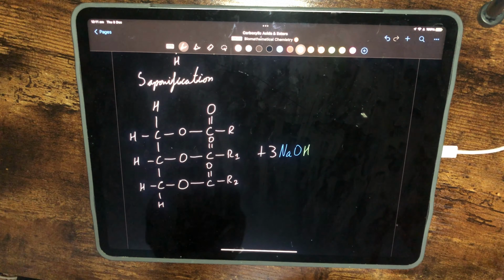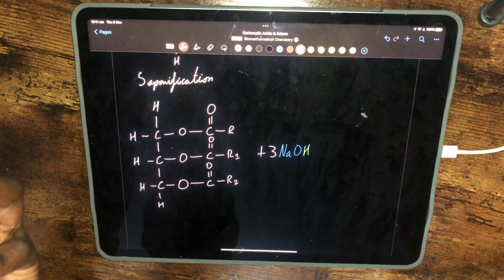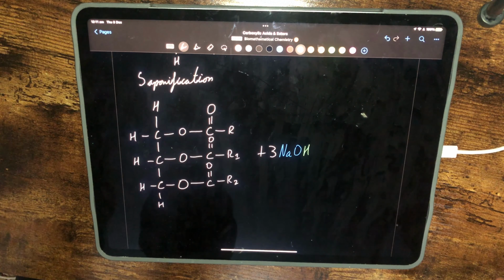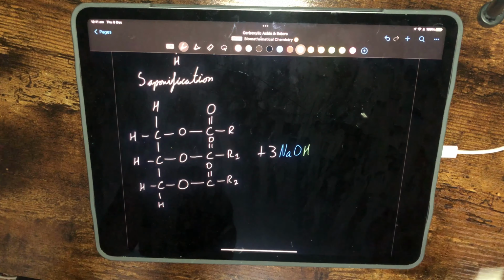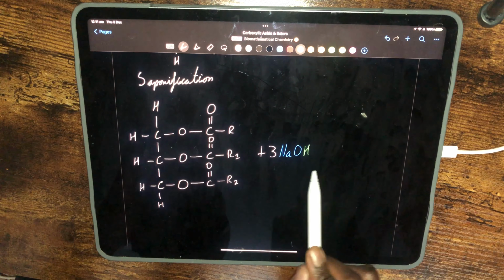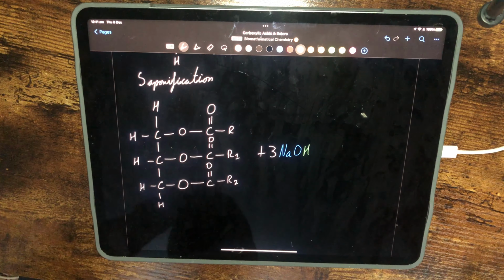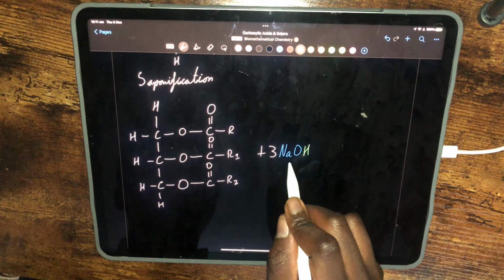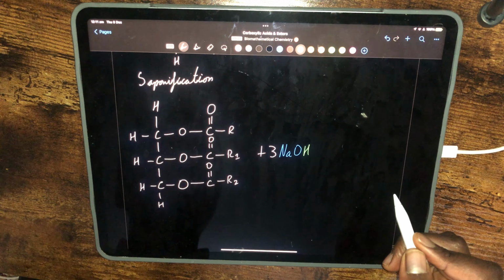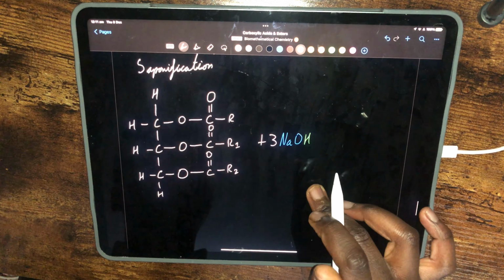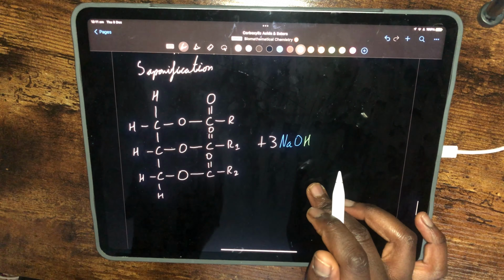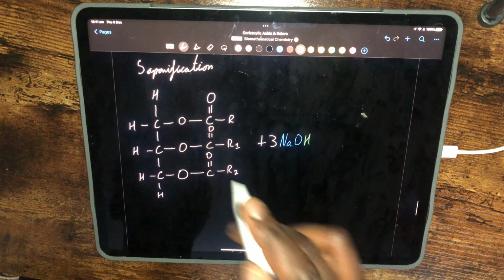I know in biology you're generally taught that water is used for the hydrolysis reaction. In chemistry it's not actually the case, where you could have bases and acids that are much better at hydrolysis, right? So in this case here, we have sodium hydroxide. This is the base that we're going to be using, and what it does is that we're breaking this bond here.